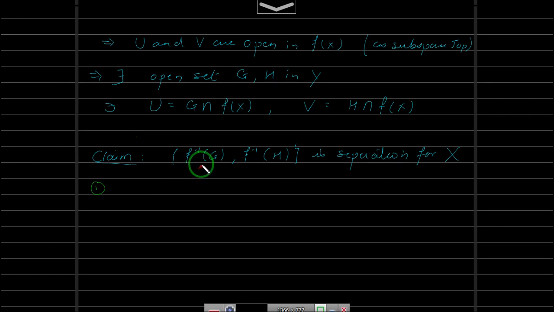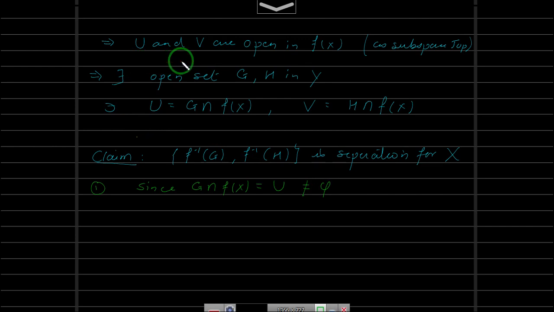I will show f inverse of G is non-empty. Similarly, one can proceed and show that f inverse of H is non-empty on the same grounds. Alright. Now since we have G intersection fX equals U, that's what we assumed. U is nothing but G intersection fX, and we know that this U is a non-empty set because U, V is a separation.